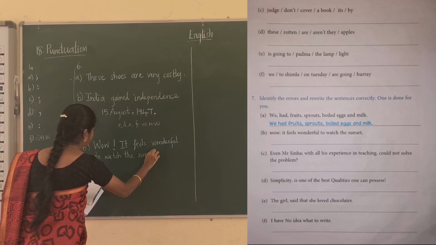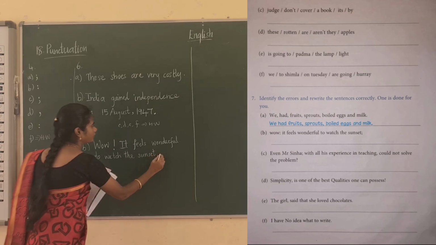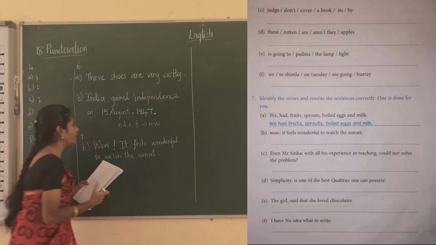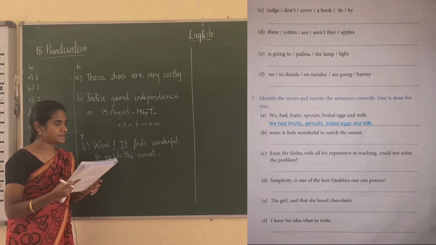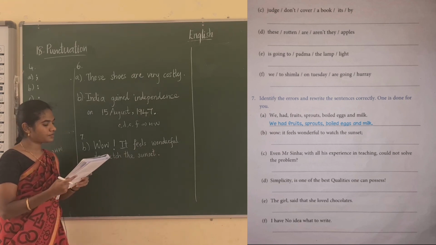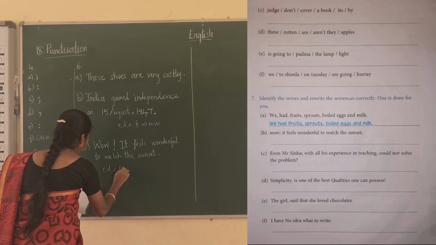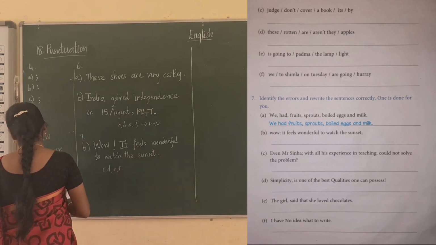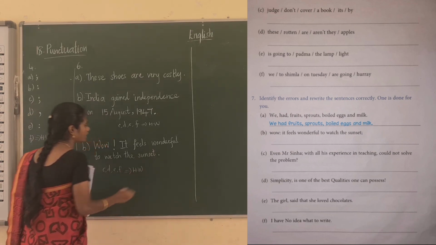So after the end of the sentence you have to put a full stop. And the remaining things you have to do as the homework. C, D, E, F. That is all to do as the homework for you.